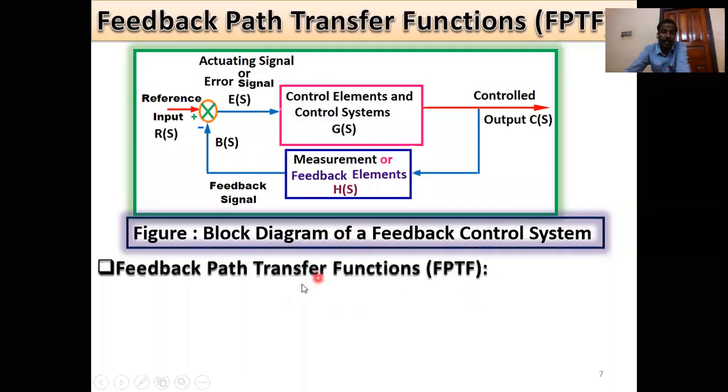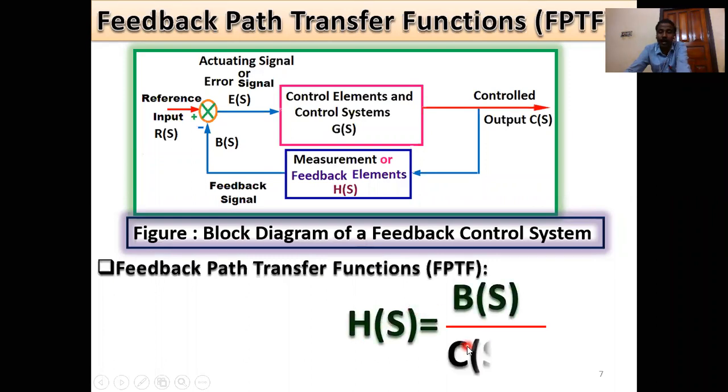So this is the definition. Feedback path H(S) equals B(S) divided by C(S), with all initial conditions 0. H(S) equals the measuring element gain, B(S) equals the primary feedback gain, and C(S) equals the control output gain.